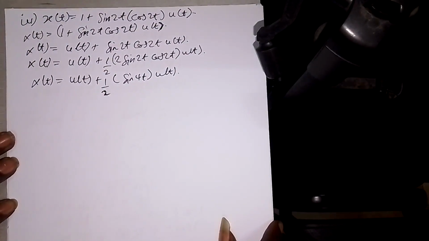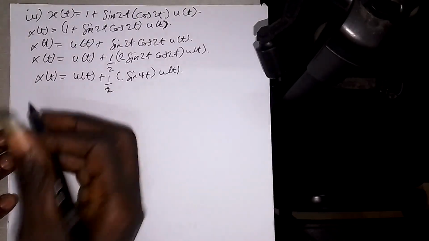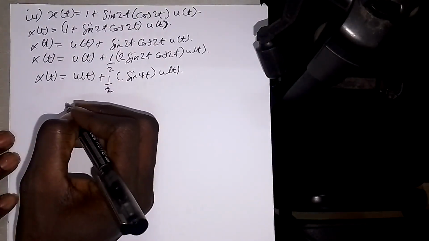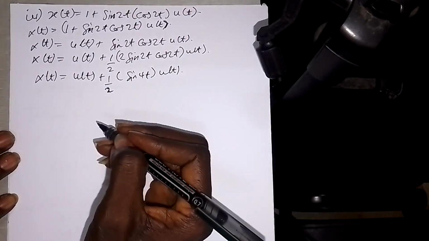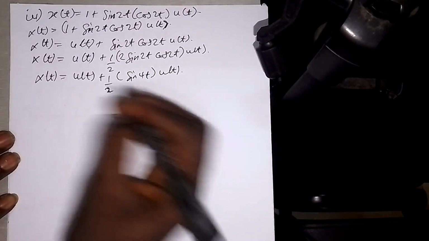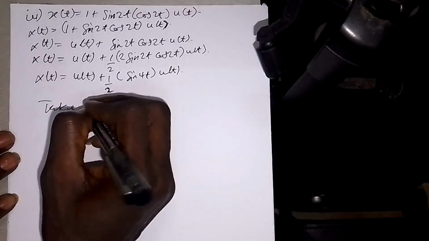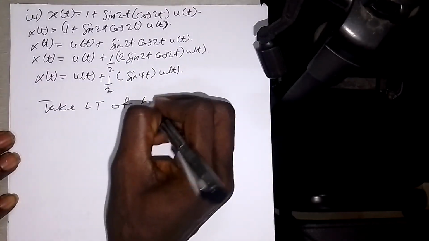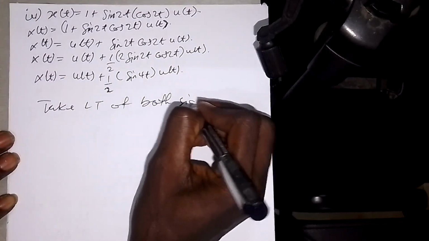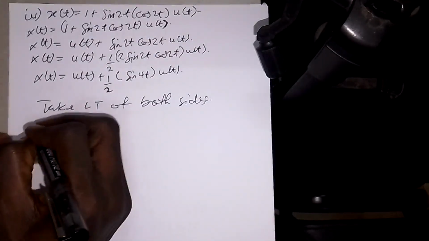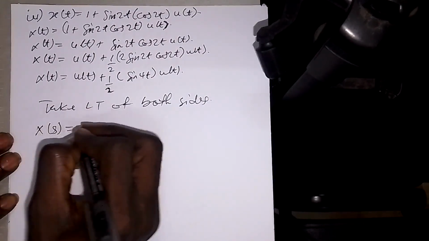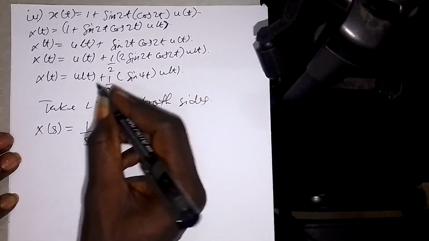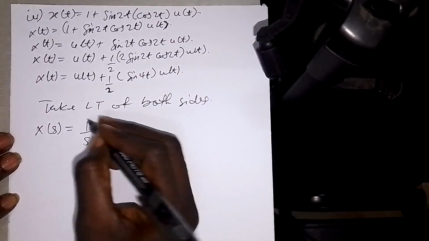So if I have this one, then I think we're almost done. Now I can just take the Laplace transform of both sides. So then I'll have X of s is equal to 1 over s. The Laplace transform of the unit step signal is 1 over s.